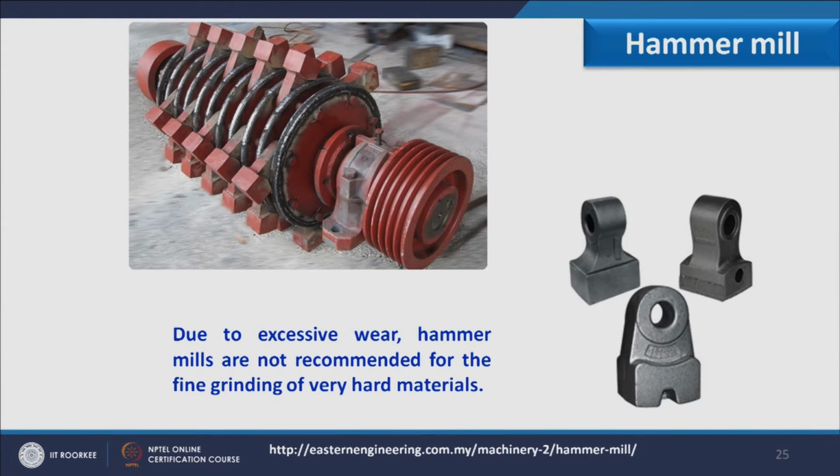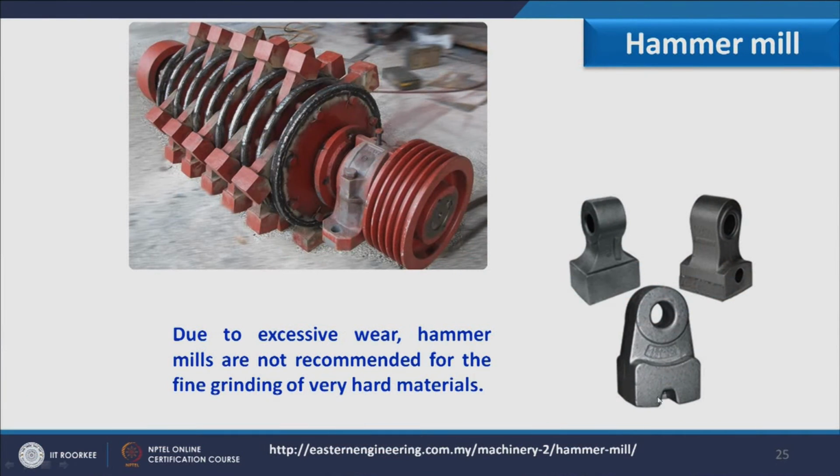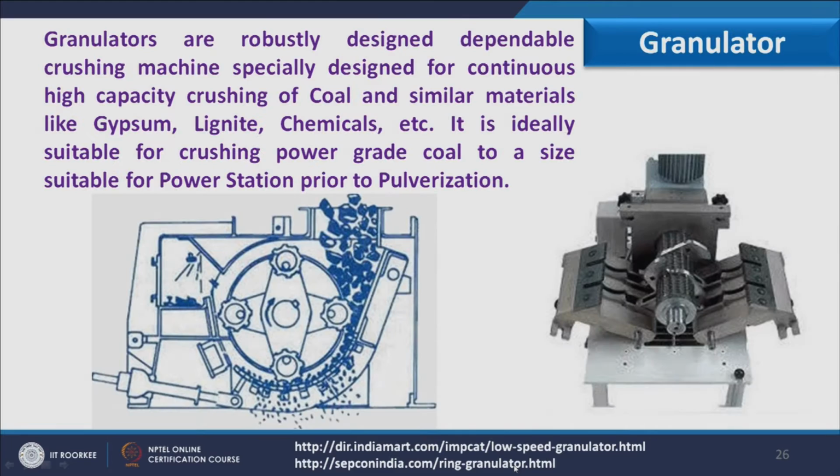Due to excessive wear, hammer mills are not recommended for fine grinding of very hard material. And here I have put some photographs of an individual hammer. From this end it is attached with the disc, and this is the hanging section of the hammer which puts impact on the feed. If you want to study more about this, you can go through this link.